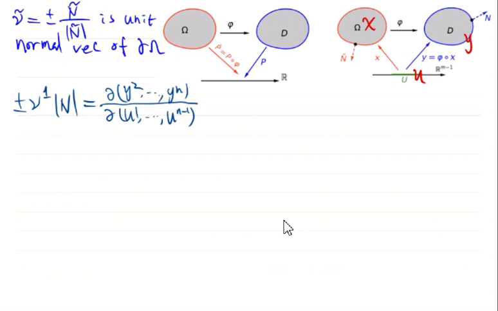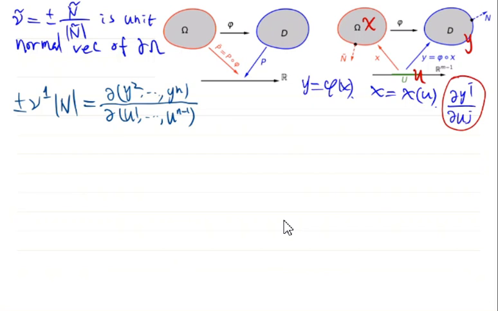The composition relation is that y equals phi of x, x equals x of u. Okay, so we want to compute the Jacobian determinant of y with respect to u. That is, we need to compute the partial derivatives of yi with respect to xj and xj with respect to uj. Of course, we need to use the chain rule.